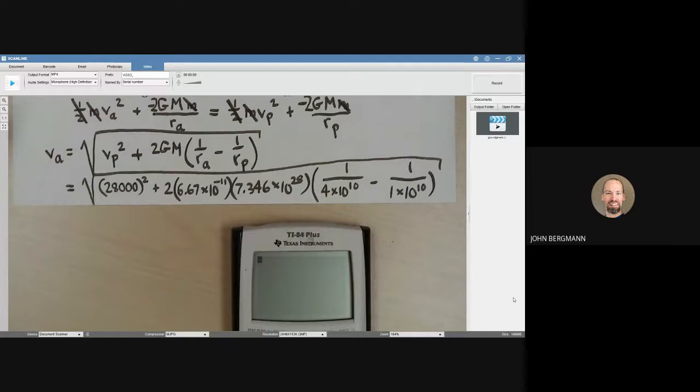We're going to go 4 times 10 to the 10th, 1 over that, minus 1 times 10 to the 10th, 1 over that, equals that thing, times 7.346 EE 28, times 6.67 EE negative 11, times 2 equals plus 28,000 squared equals, take the square root equals.